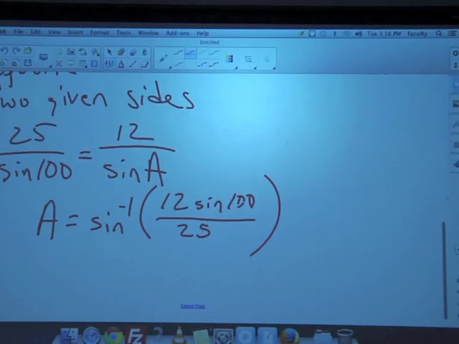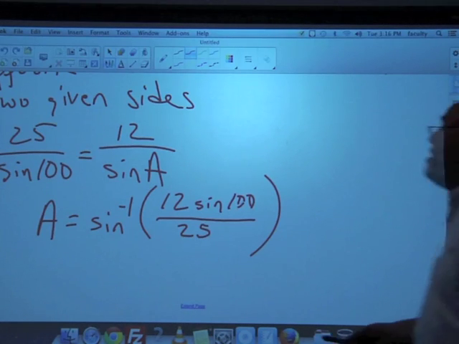So you put that into the toy. And that gives you 28.2.